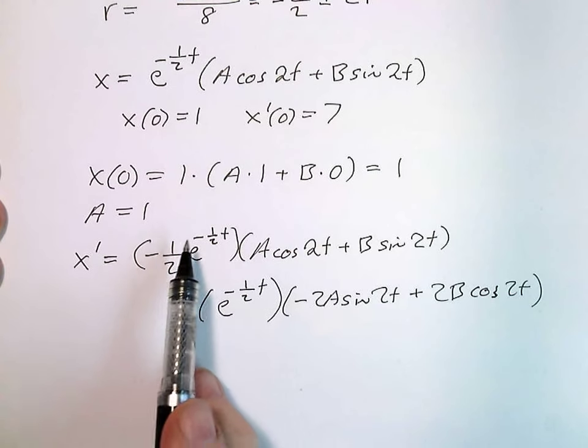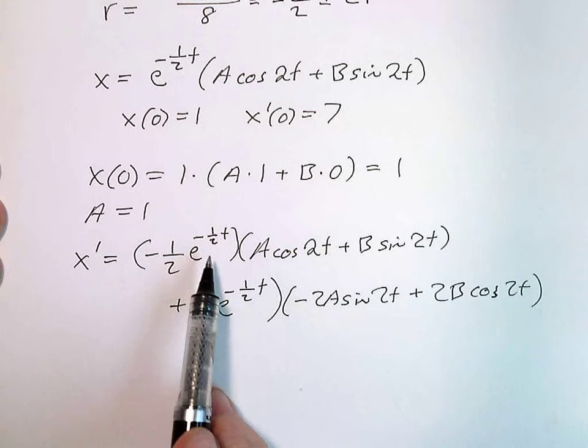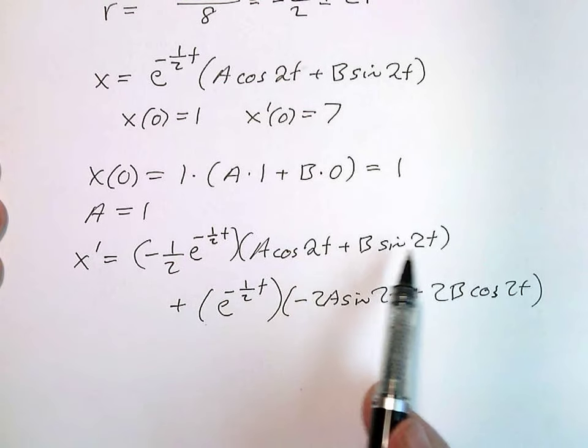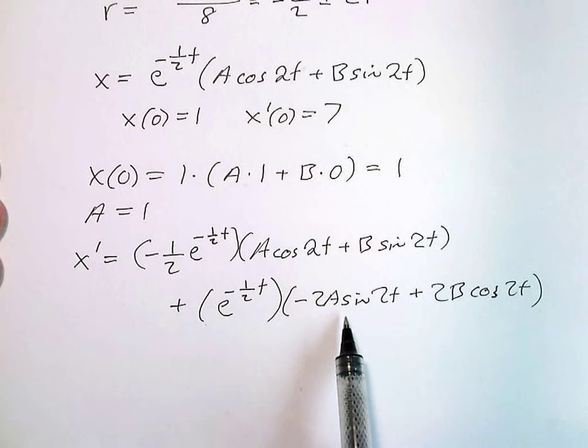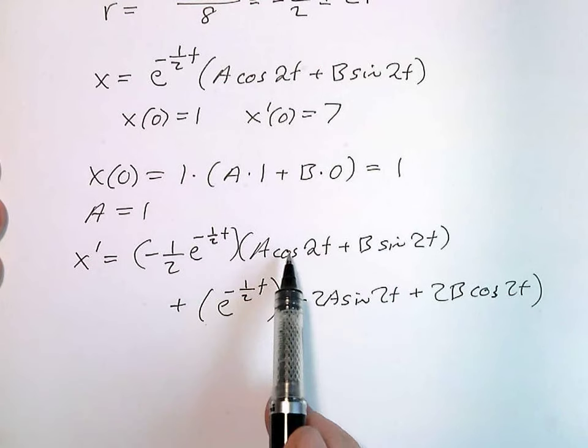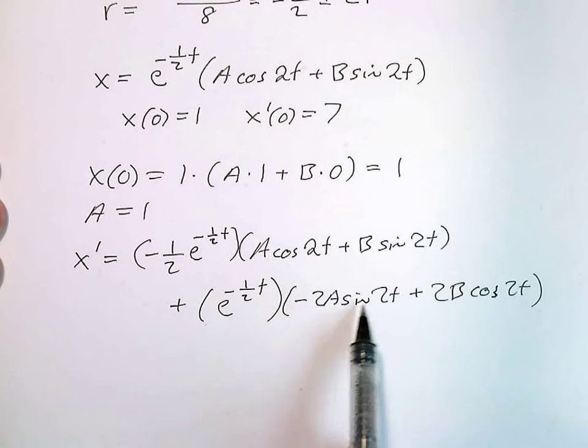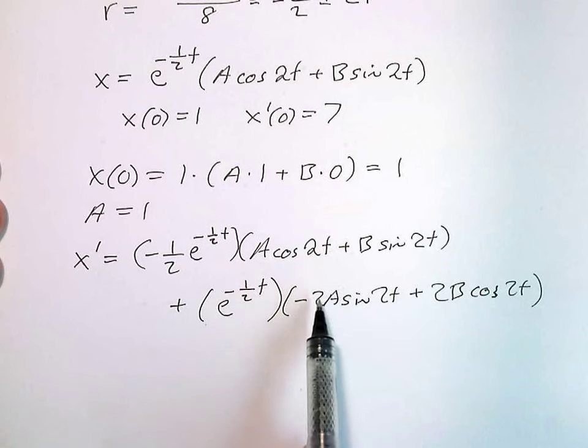You see I have the derivative of the exponential part times the trig part by itself, then the exponential part times the derivative of the trig part. The derivative of cosine is negative sine, but I have a 2t, so by the chain rule I need a 2 out here.